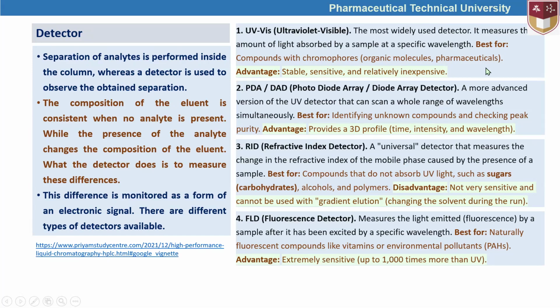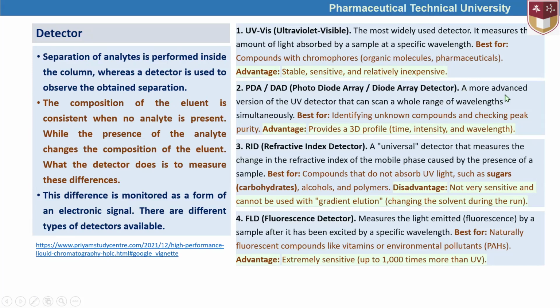If not, those compounds are reacted to form derivatives holding chromophore groups, and the quantity of those derivatives is identified. So quantification of compounds not holding chromophore groups can be carried out. The advantages of these detectors are that they are stable, sensitive, and relatively inexpensive compared to others like DAD, diode array detectors, which can also be termed photodiode array.